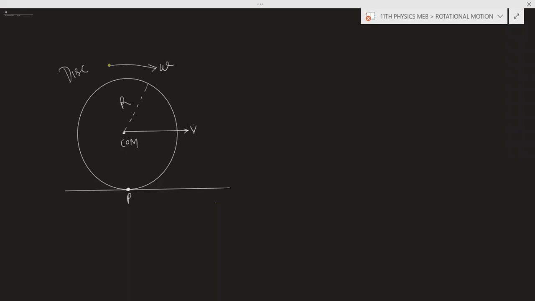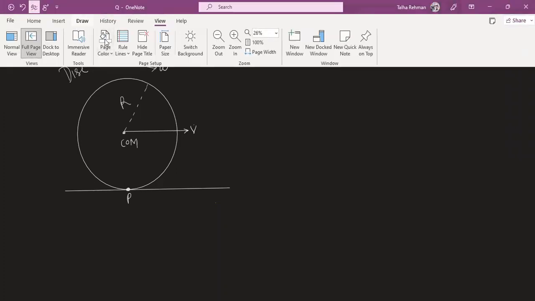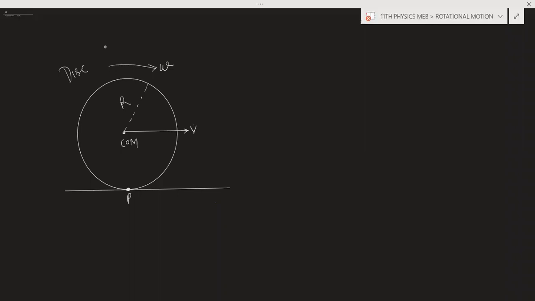Suppose this is a disk and this disk is rolling. Rolling means this is moving linearly, at the same time this is rotating with an angular velocity of omega. This is the question basically. Angular velocity of this rotating disk is given, 2 radian per second.